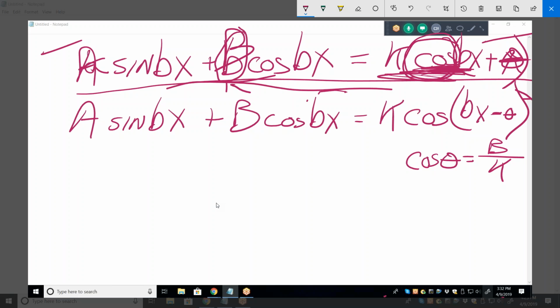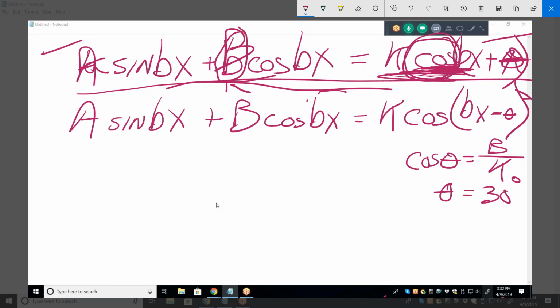Yes, sir. So cosine of theta would be root 3 over 2. I thought capital B was root 3 over 2? Yes, sir. Capital B was root 3 over 2 and K was 1. Is what angle? Theta is 30. Okay.